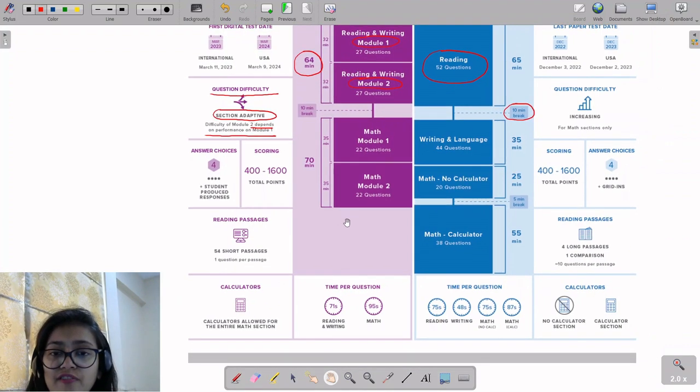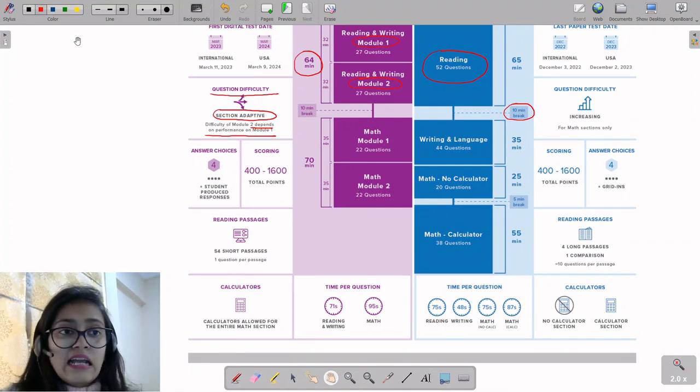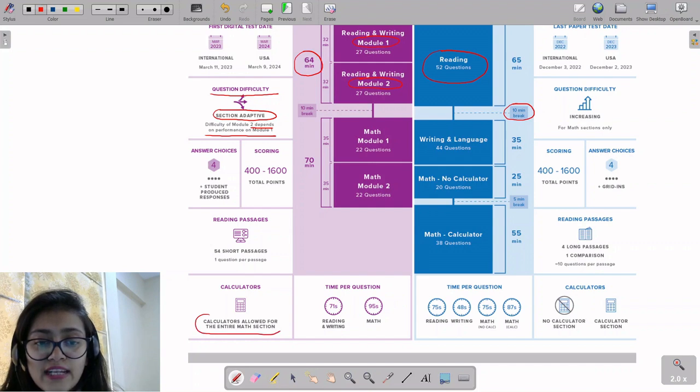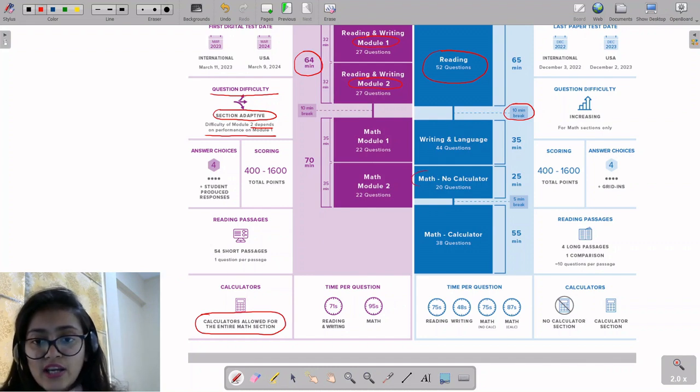Now, the major difference in digital SAT with respect to the math section is that in digital SAT, you will be allowed calculators for the entire math section. Previously, there were 2 sections for math. The one section with no calculator and the other section with calculator allowed.